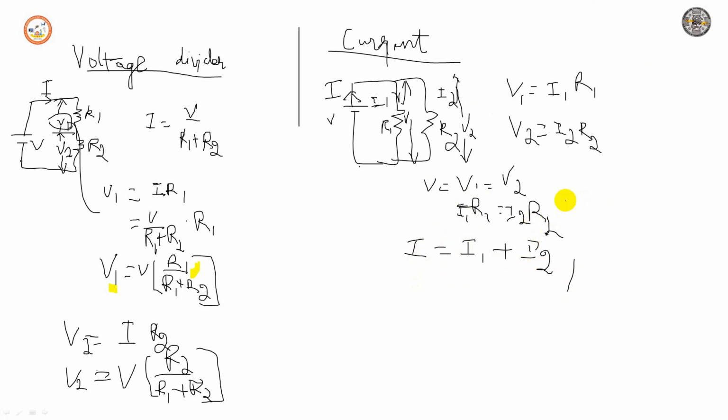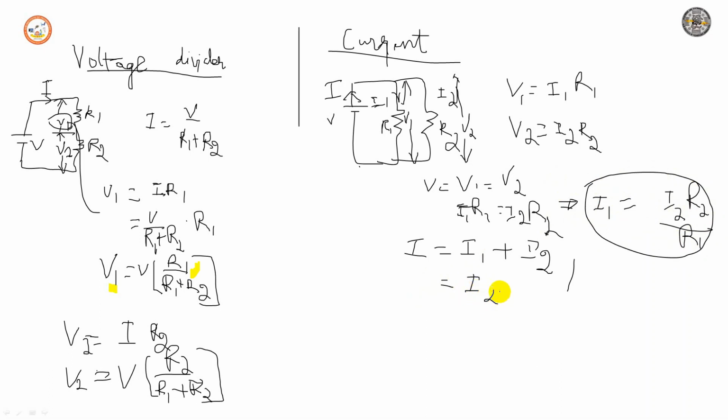From this equation, I can write I1 is equal to I2 R2 divided by R1. I can substitute this I1 into the equation for I, so this becomes I2 R2 divided by R1 plus I2.